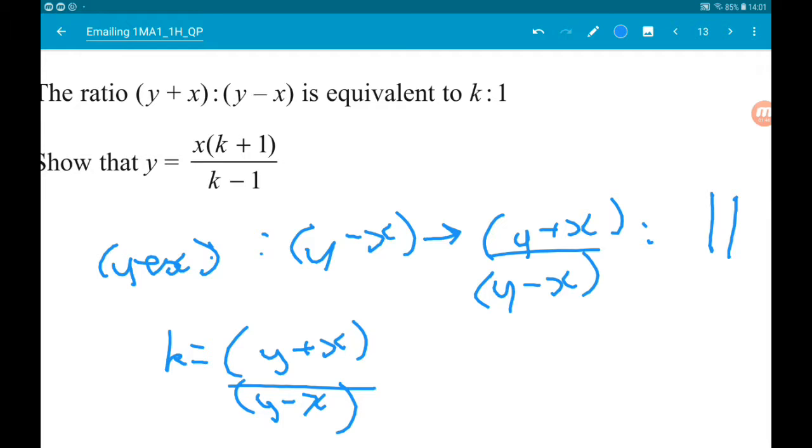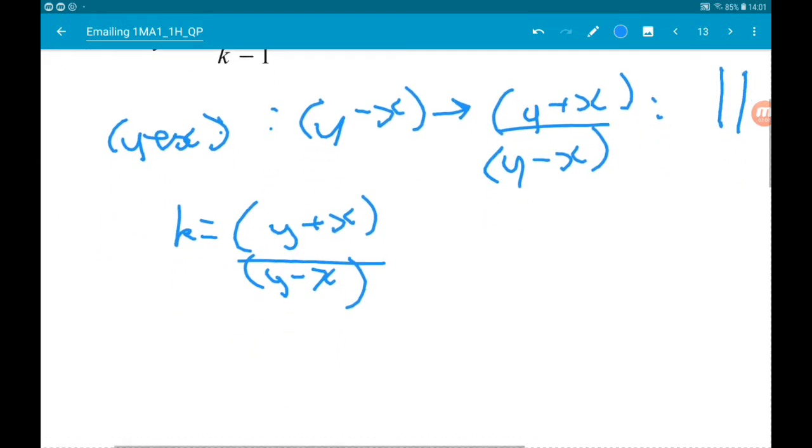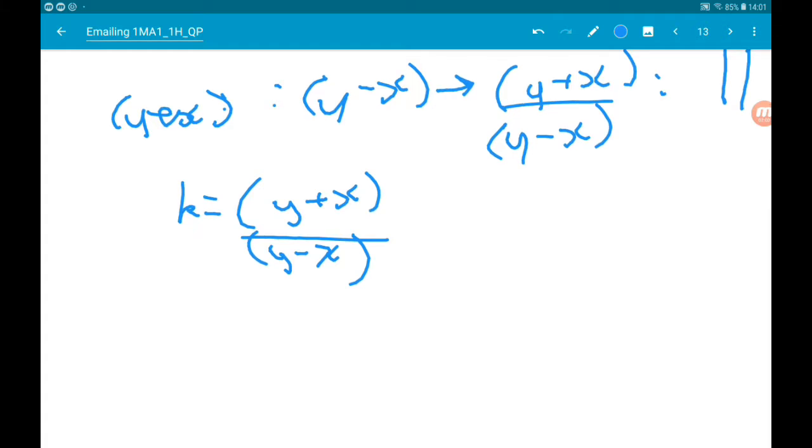Okay, so we now want to rearrange this algebraic fraction to make y the subject. I have a video on this, so if you want more examples, check out the link down below. Okay, so if we multiply through by the bottom, we get ky minus kx is equal to y add x.